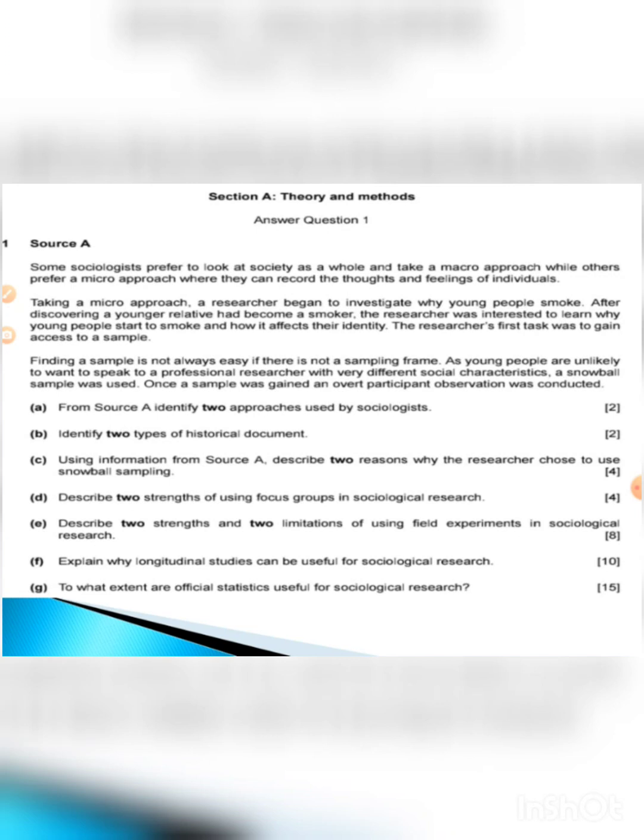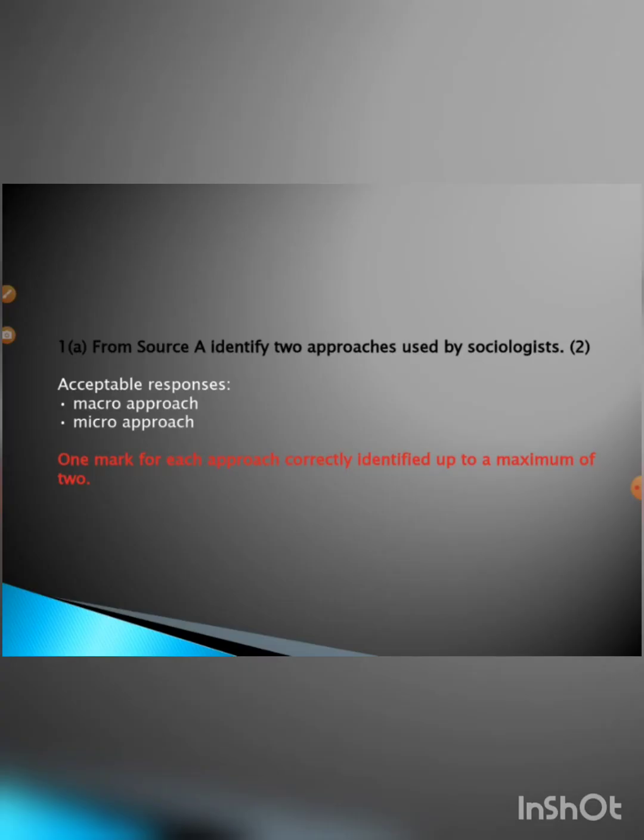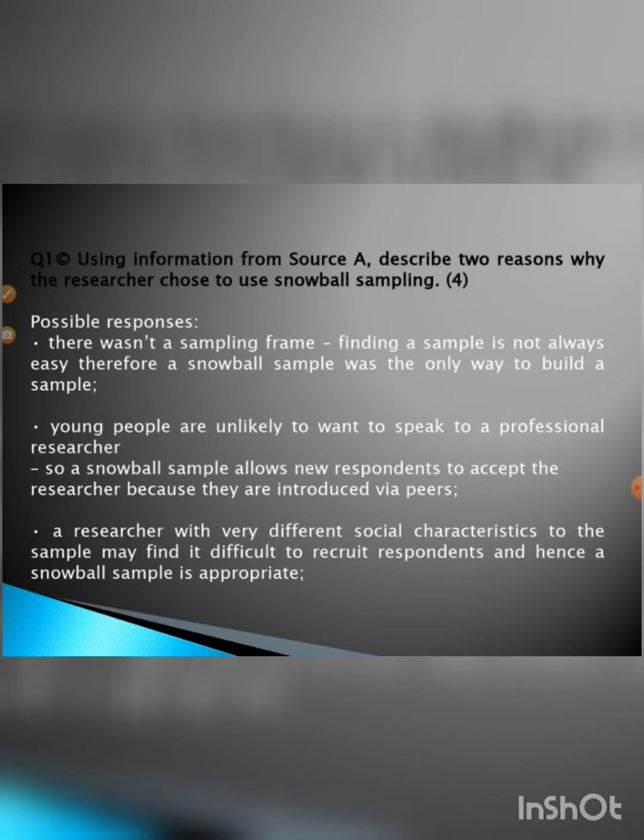If you don't know what snowball sampling is, you will lose marks. Let's check the marking scheme. There wasn't a sampling frame. Finding a sample is not always easy. Therefore, a snowball sample was the only way to build a sample.